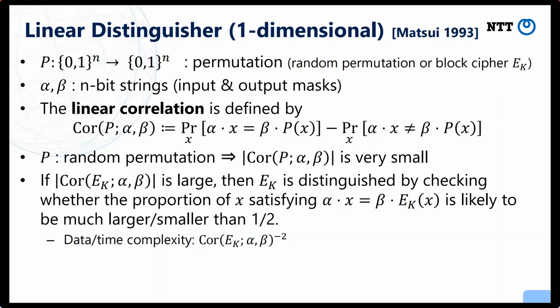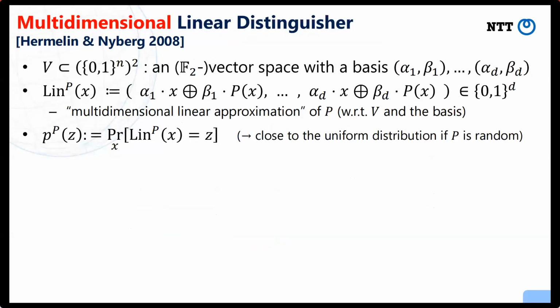The idea of this one-dimensional linear distinguisher extends to multidimensional linear distinguishers like this. Let W be some vector space which consists of many input and output linear masks, alpha and beta. Suppose we have a basis alpha 1 and beta 1, alpha 2 and beta 2, and so on. Now define a function F of x in this way.